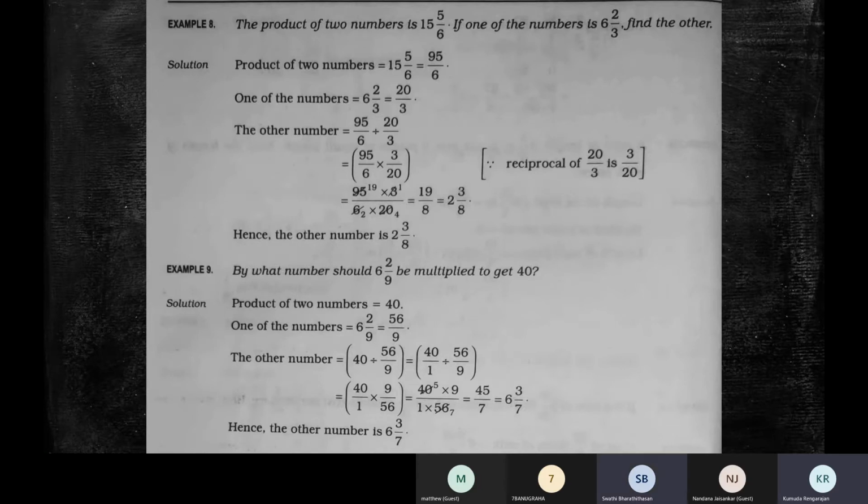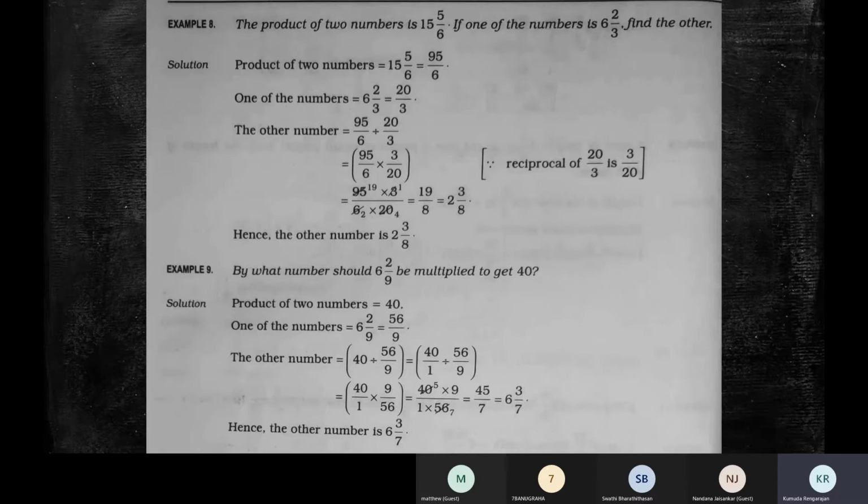Ma'am, 35. So let's say that the product of two numbers is 35. If one of them is 7, find the other. It's a question like this.